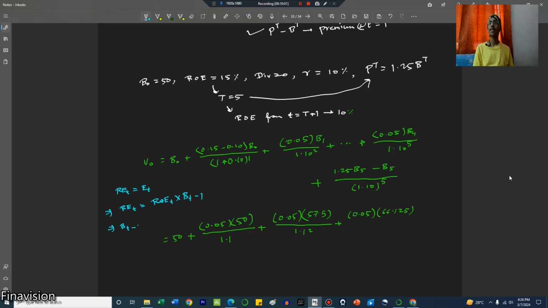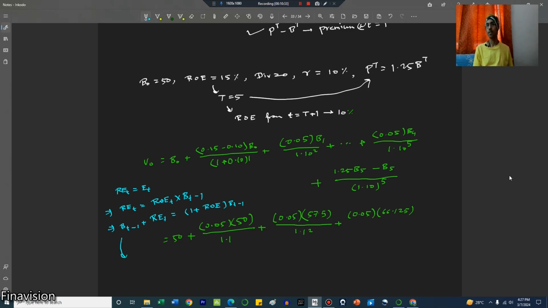If you add Bt minus 1 to both sides, then this becomes 1 plus ROE into Bt minus 1, right? Because you have added Bt minus 1 here and taken Bt minus 1 common. So this becomes 1 plus return on equity multiplied by the book value of the previous period.